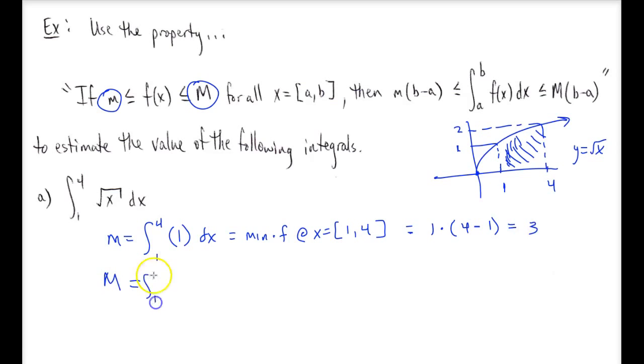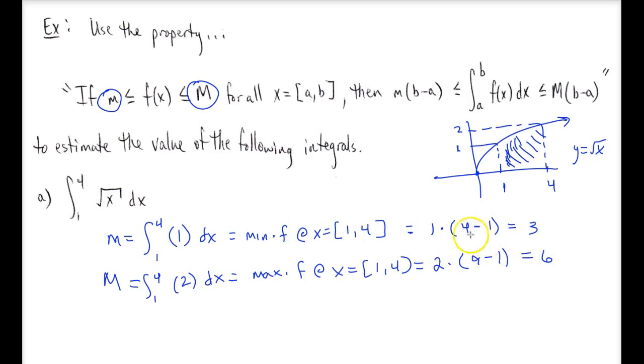Big M is the maximum, same thing. We know that the maximum value is going to be 2, and that's going to be the same as the max value of f from 1 to 4, and that will be 2 times the difference between 4 and 1, which will be 6.